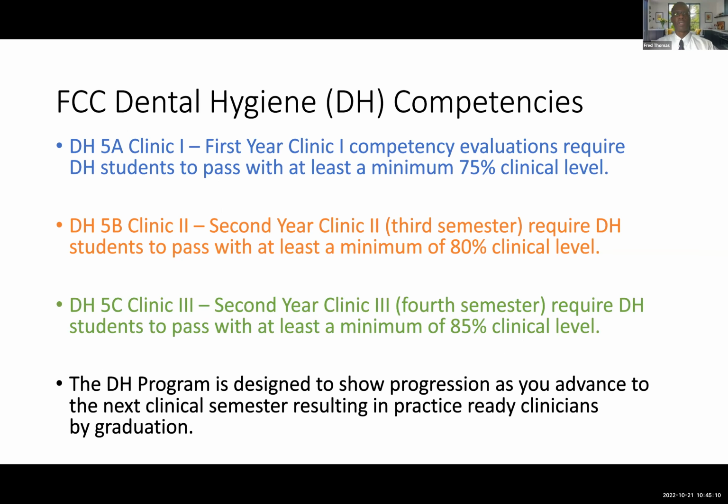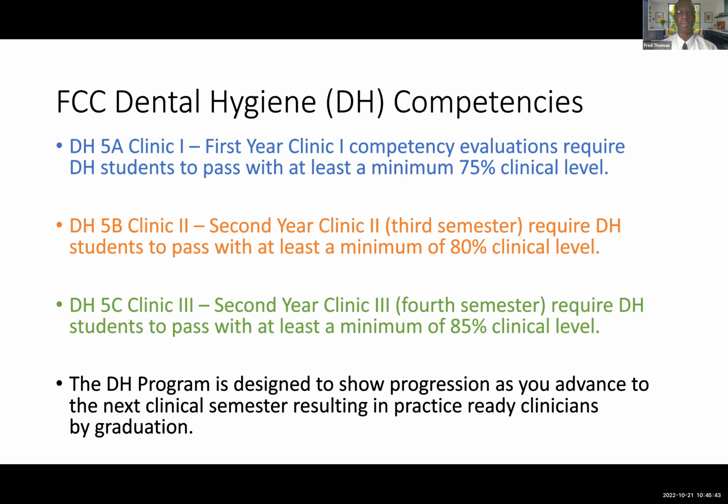There are 3 different types of clinics within the Fresno City Dental Hygiene program. Our DH5A, clinic 1, is the first year clinic. They have the competency evaluations, and they require a DH student to pass with at least a minimum 75% clinical level. The second clinic, which is the second year clinic in the 3rd semester, requires the DH student to pass at a minimum level of 80%.